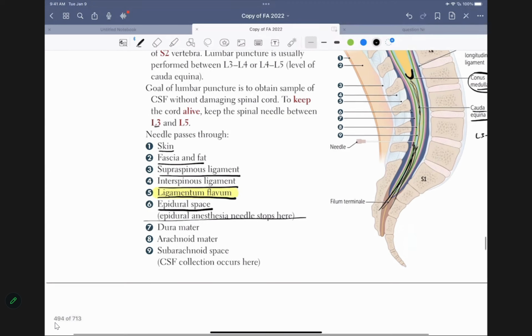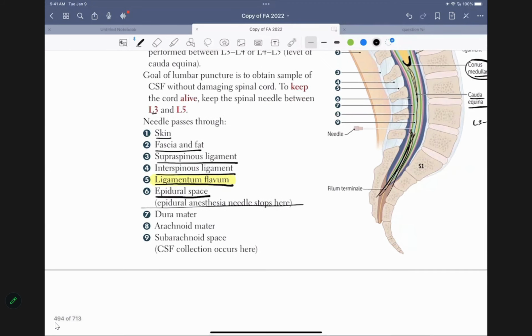And then, but if I don't do an epidural, let's say I'm doing a lumbar puncture. You guys know why we do a lumbar puncture? Epidural is for anesthesia. Lumbar puncture is done for two reasons. Okay. One is to measure opening pressure, especially if you have intracranial hypertension.